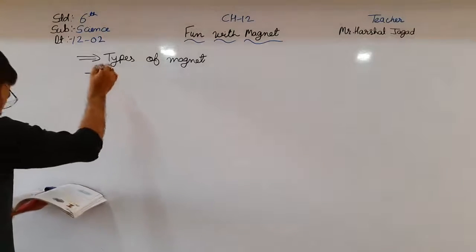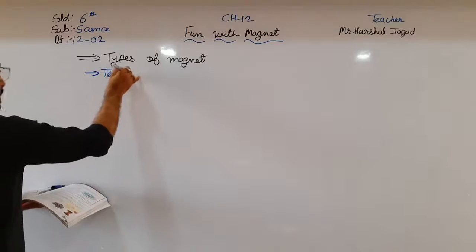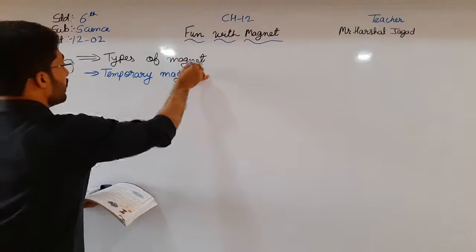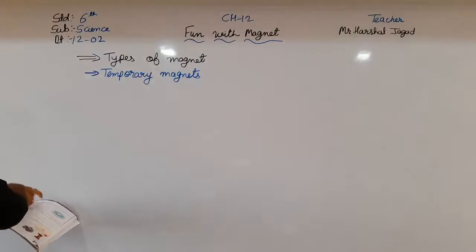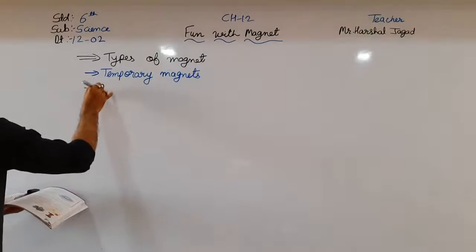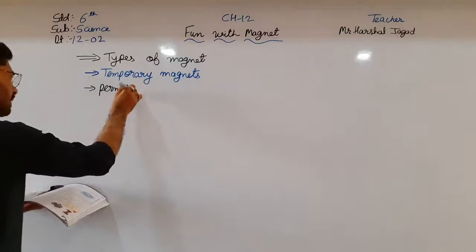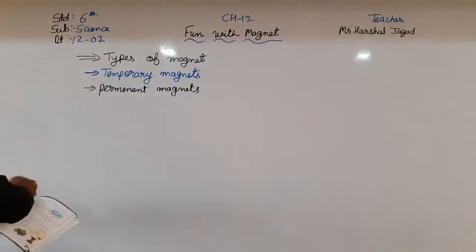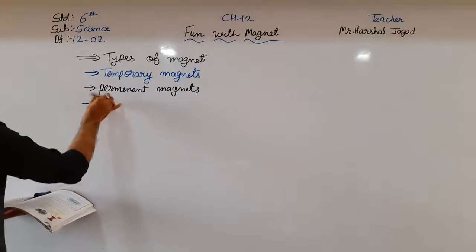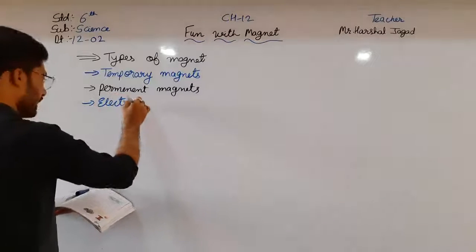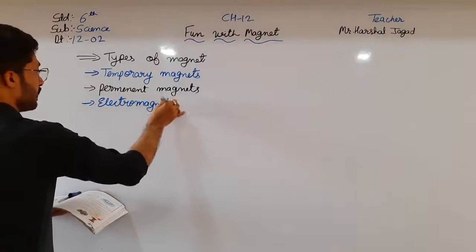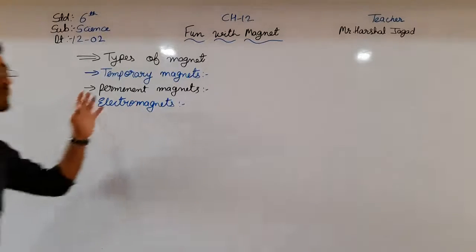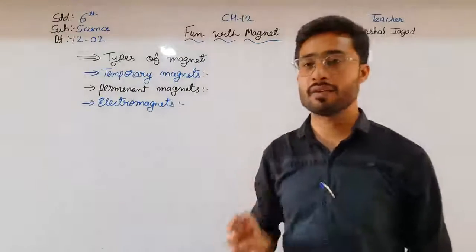First one is temporary magnet. Second one is permanent magnet. And third one is electromagnet. First one temporary magnet, second one permanent magnet, and third one electromagnet.